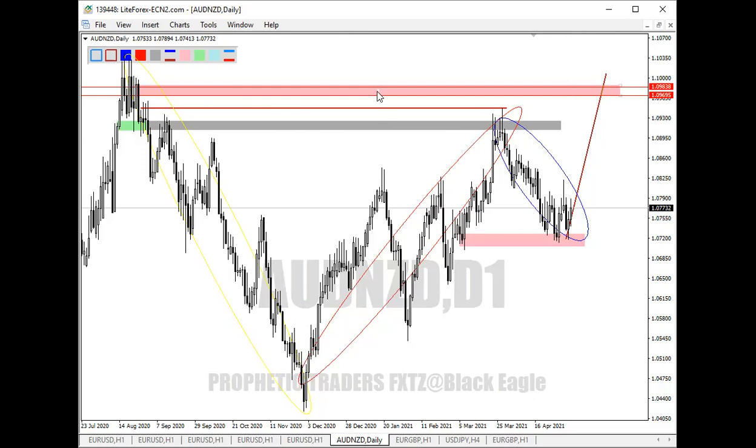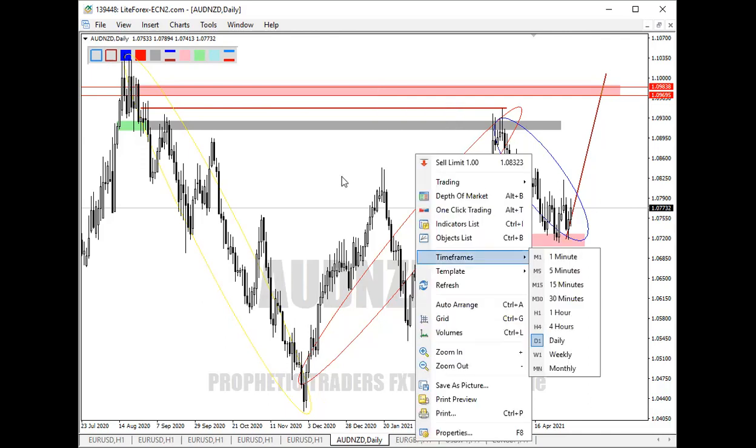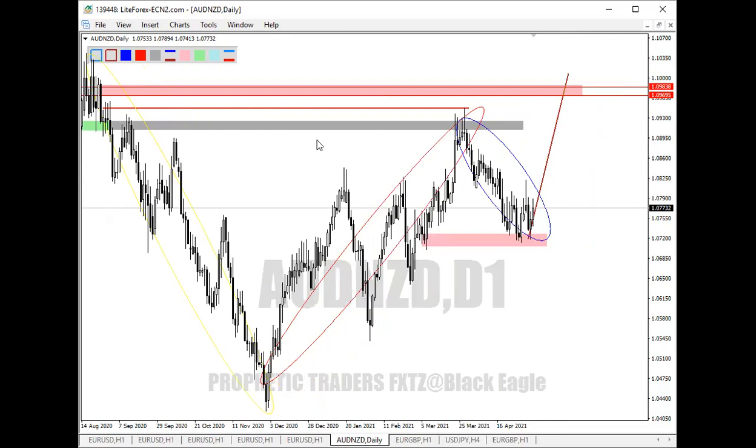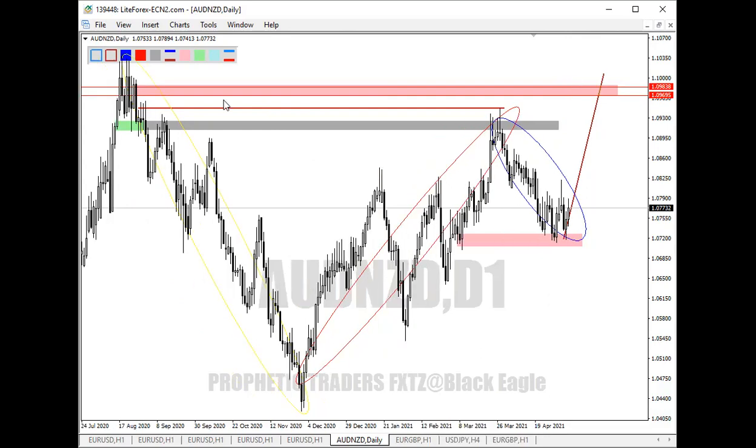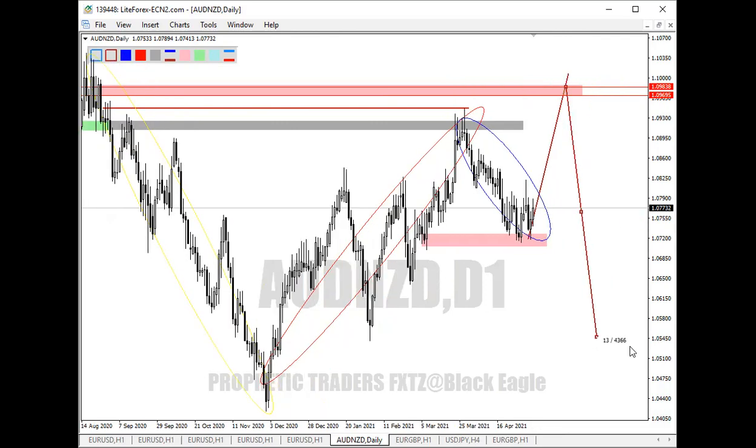So let's check this area. The price will drop. So this is our roadmap where we are supposed to go for AUDNZD. And this area, basing on market structure, the price engulfed this.